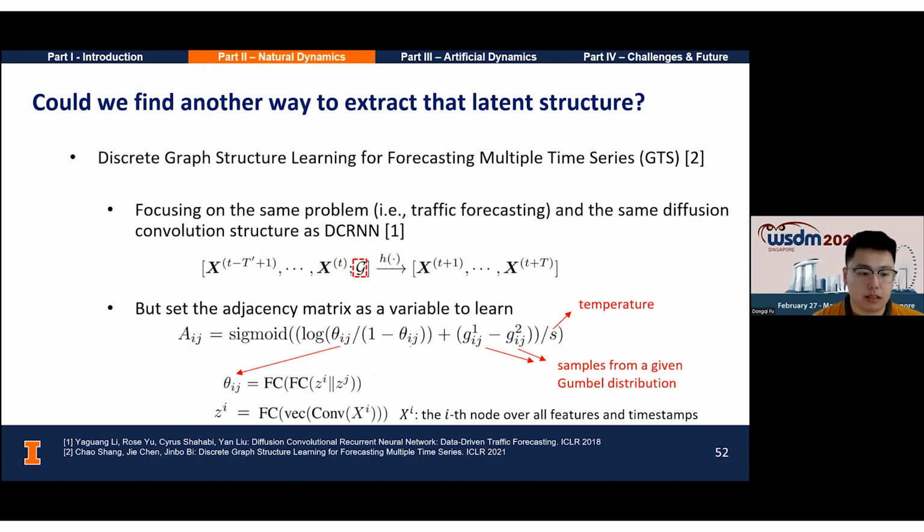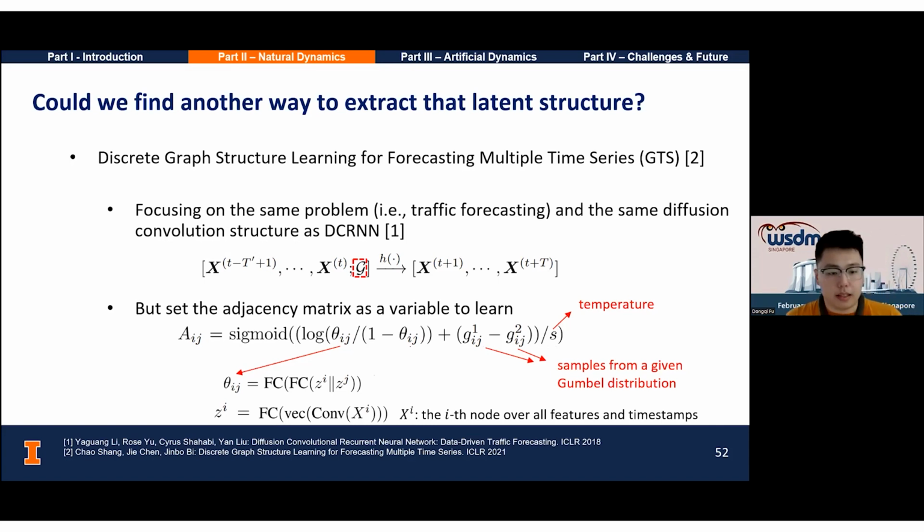What does theta_ij mean? Theta_ij is computed from the vectors z_i and z_j, which are the hidden representations of node i and node j. And z_i is obtained through a feed-forward neural network on the time convolution of x_i, where x_i is the original input features of the ith node over all features and time steps. This means the connections are based on a nonlinear projection of the input features.